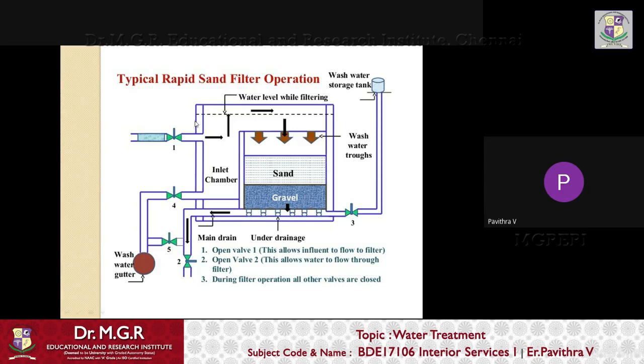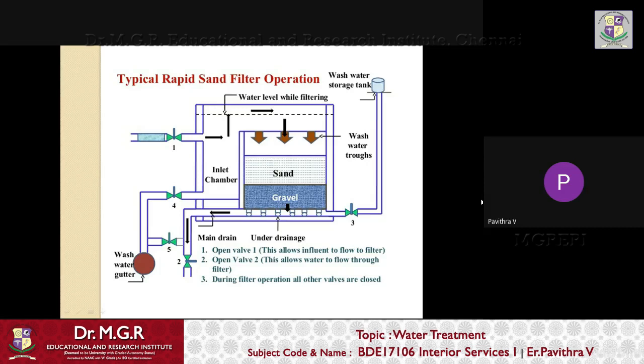When the water passes through the sand layer and the gravel layer, the impurities are retained and get clogged in them, and the pure water is collected separately by opening valve 2, giving us the filtered water. So in the filtration process we just use valve 1 and valve 2. While explaining this rapid sand filter in a separate content, I asked you from the exam point of view, so you are supposed to draw this diagram.